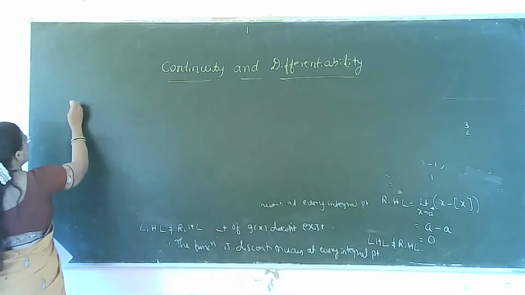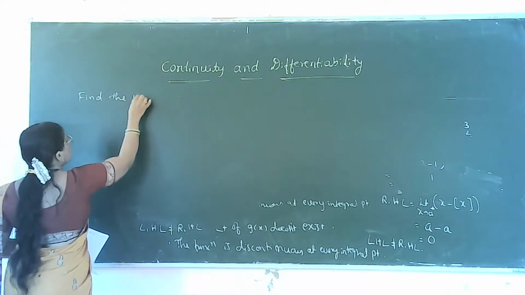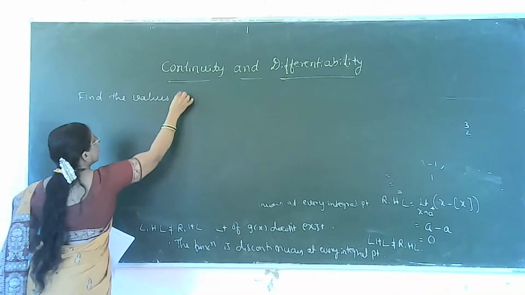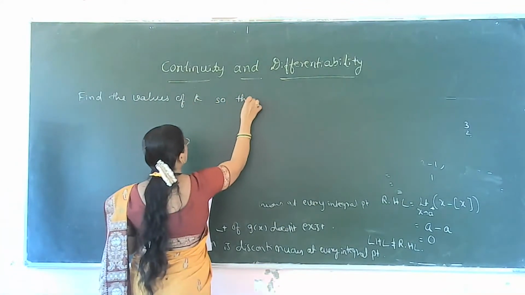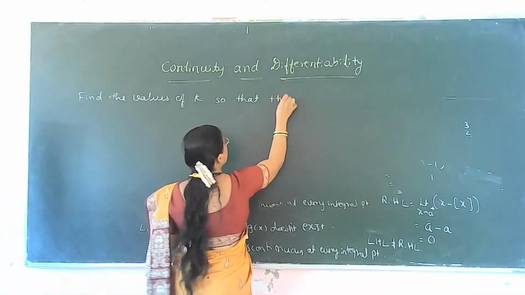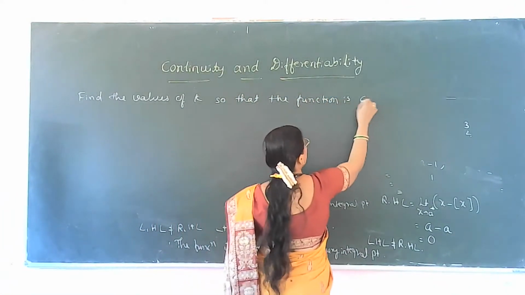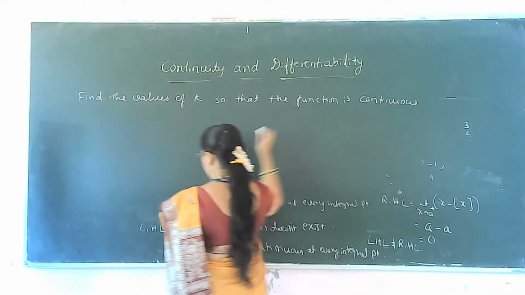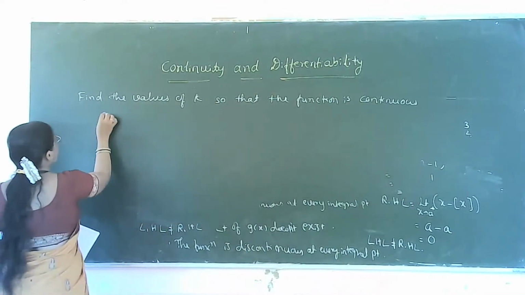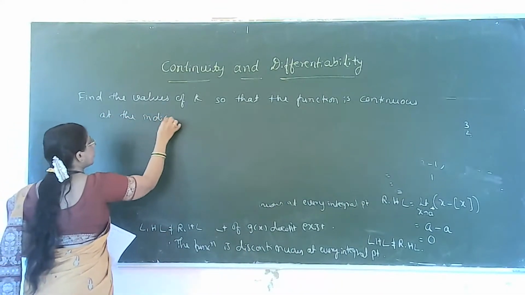Find the values of k so that the function is continuous at the indicated point.